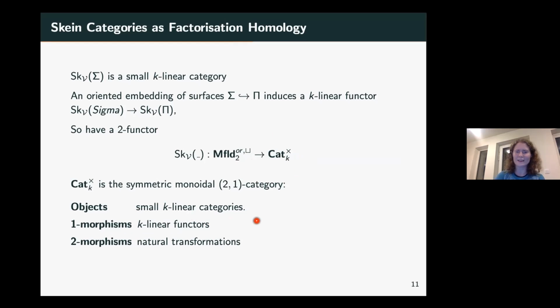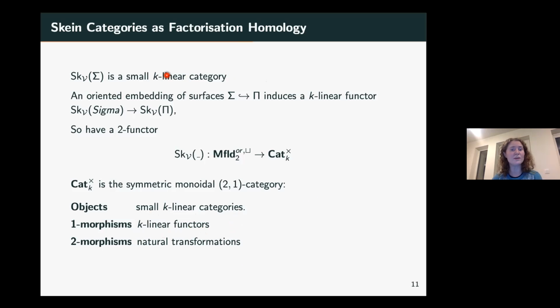Okay, so a k-linear category, in case anyone's confused, is just a category whose morphisms form k-vector spaces, or they're enriched over Vect. The objects are small k-linear categories, the morphisms are k-linear functors, and the two-morphisms are natural transformations. So this is basically a category of categories.